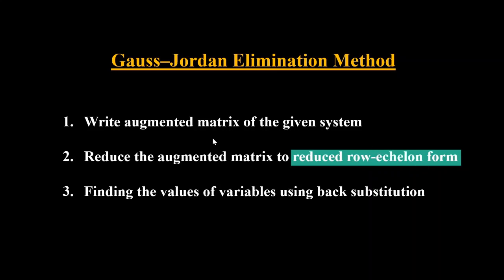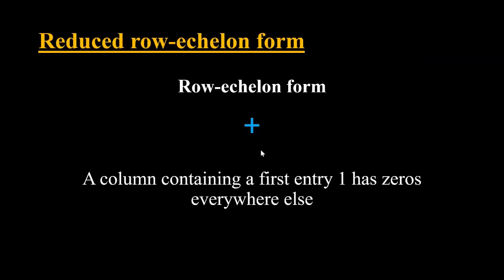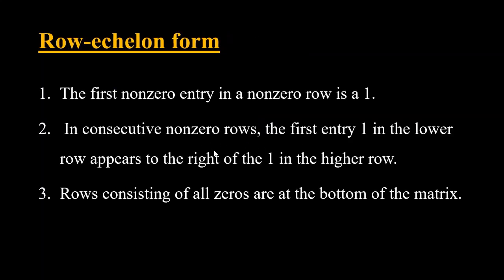Reduced row echelon form means row echelon form plus this condition: a column containing a first entry 1 has zeros everywhere else. What is row echelon form? The first non-zero entry in a non-zero row is 1. In consecutive non-zero rows, the first entry 1 in the lower row appears to the right of the 1 in the higher row.